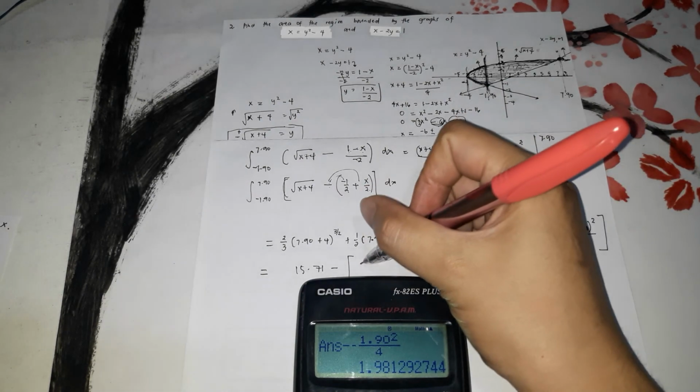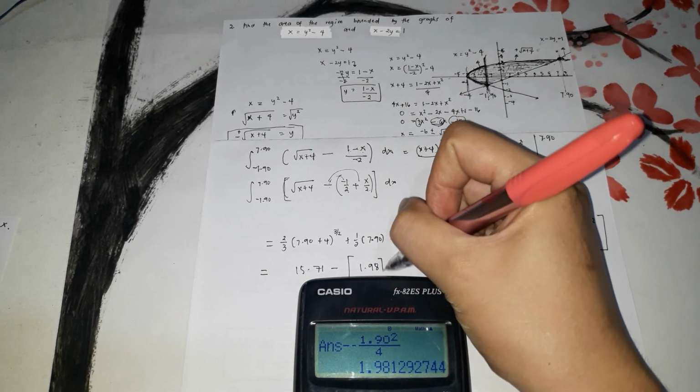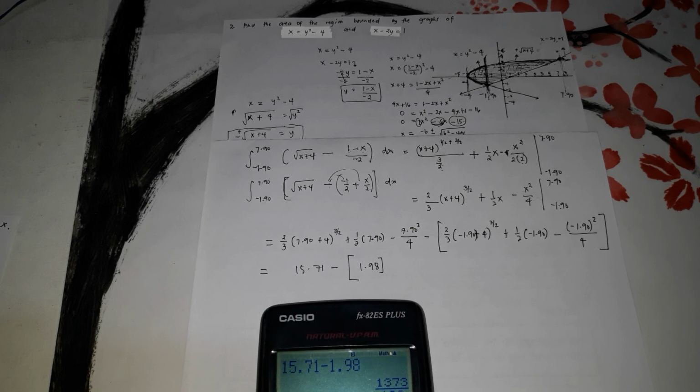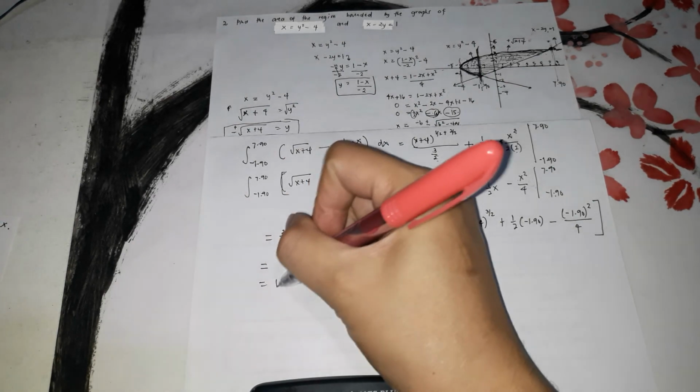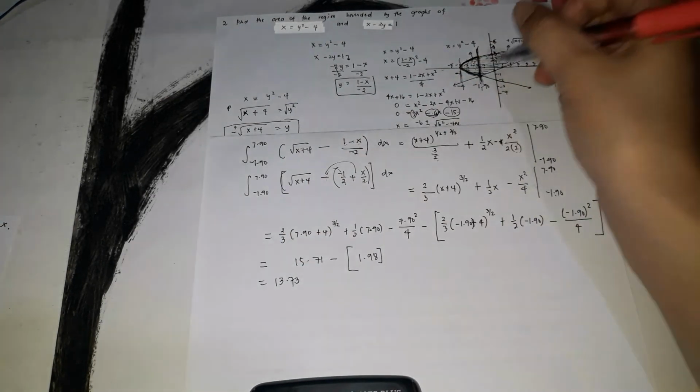So that's 1.98. So 15.71 minus 1.98 is equal to 13.73. So the area for this one is 13.73.